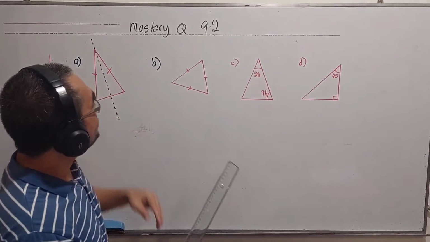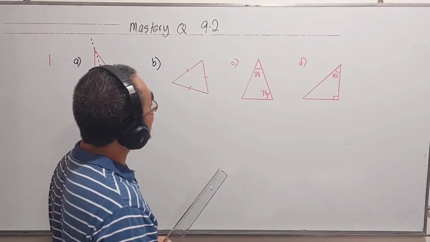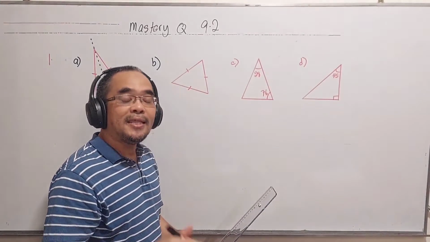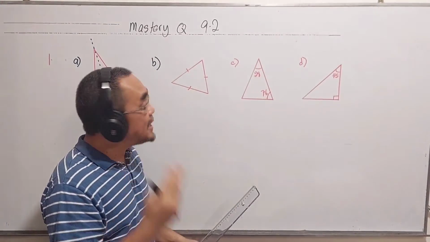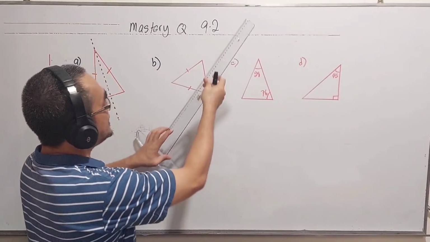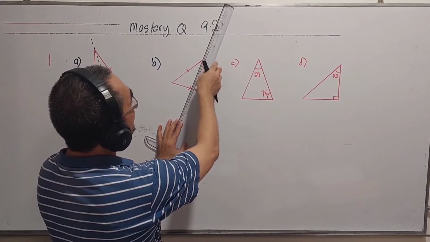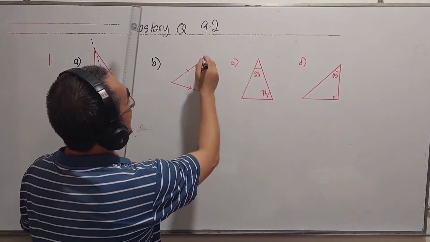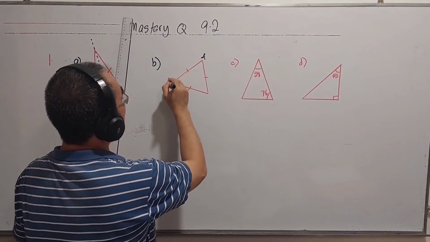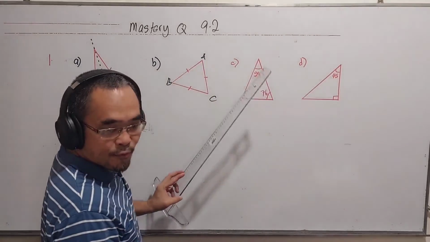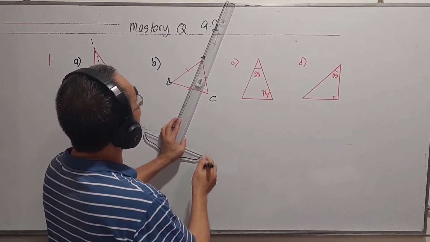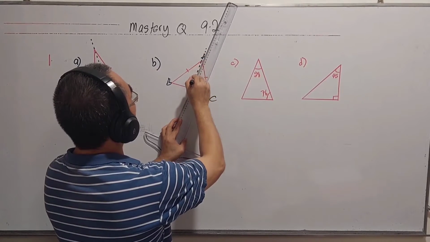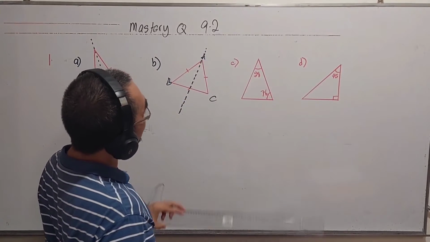Now, for B, where is the line of symmetry? If this is really an equilateral triangle, they will have three lines of symmetry. First is from the vertex to the middle of the opposite side. Let's say I label this A, B, and C. From A to the middle of BC, that is one.